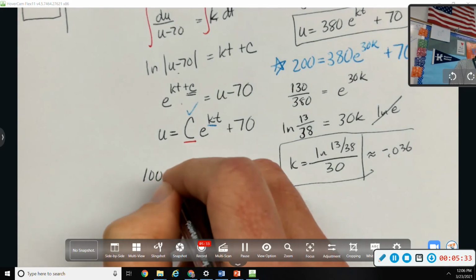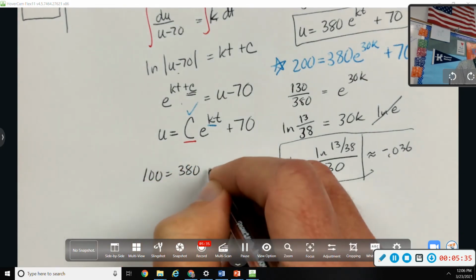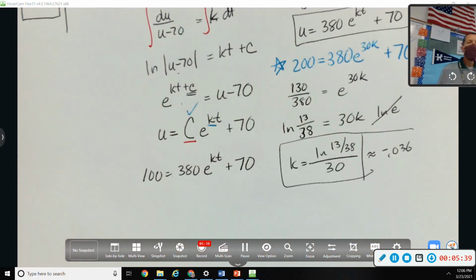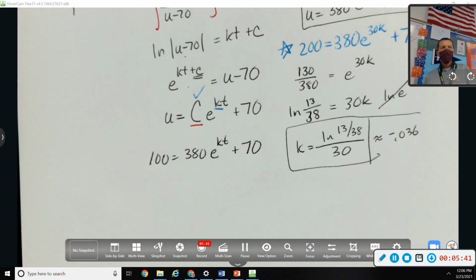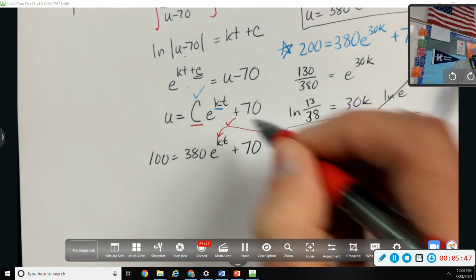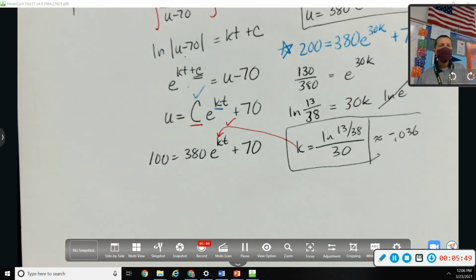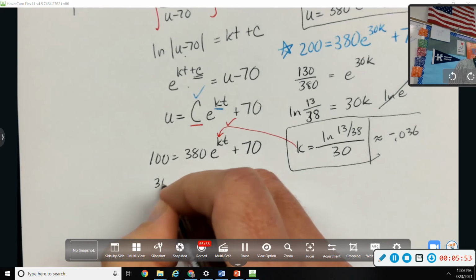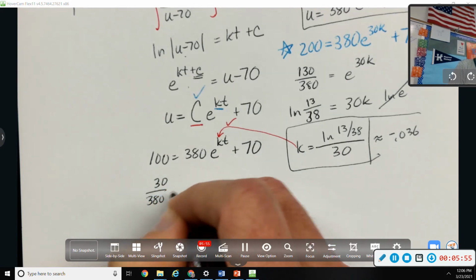So 100 equals 380 e to the kt plus 70. Except that now we know what k is, so this isn't an unknown k. We have k. It's an unknown t. So subtract 70, divide by 380.